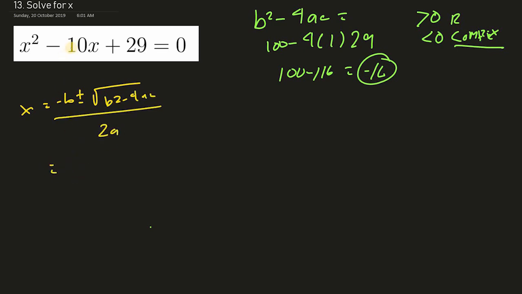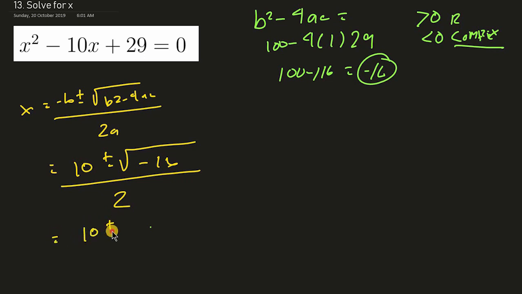So, for that, negative b, that's negative times negative 10, that would be positive 10 plus minus square root of negative 16, and the value of our 2a is 2 times 1 is 2. So, that's equal to 10 plus minus square root of negative 16 over 2. So, this will prove na complex number siya kasi meron siyang square root of a negative number.